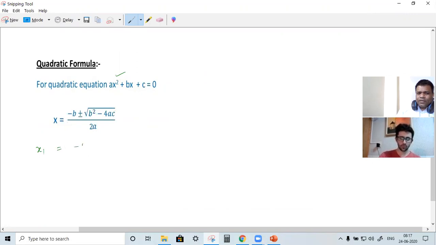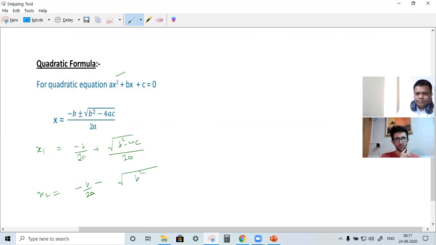X1 is equals to minus b by 2a plus under root b square minus 4ac divided by 2a. Other root x2 is equals to minus b by 2a, everything same. Here you use positive, here negative sign. Right. These are the 2 roots to solve the quadratic equations.